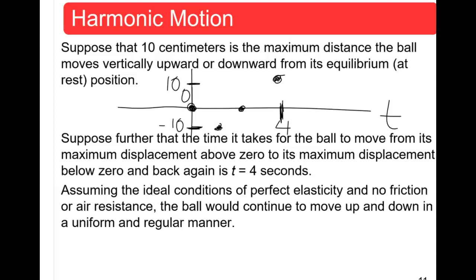Actually, no. I believe what they're saying is that the spring will start at the equilibrium point, then it will travel down, it will go back past the equilibrium point, which is 0.